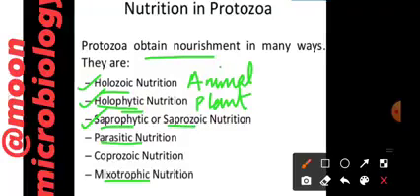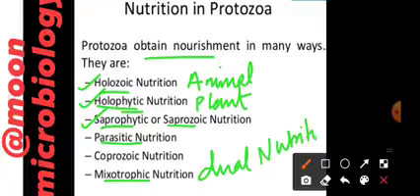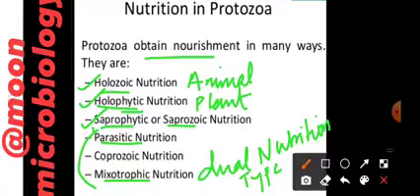So it is a mixotrophic nutrition with a dual nutrition type. In this way, protozoa obtain nutrition in many ways.